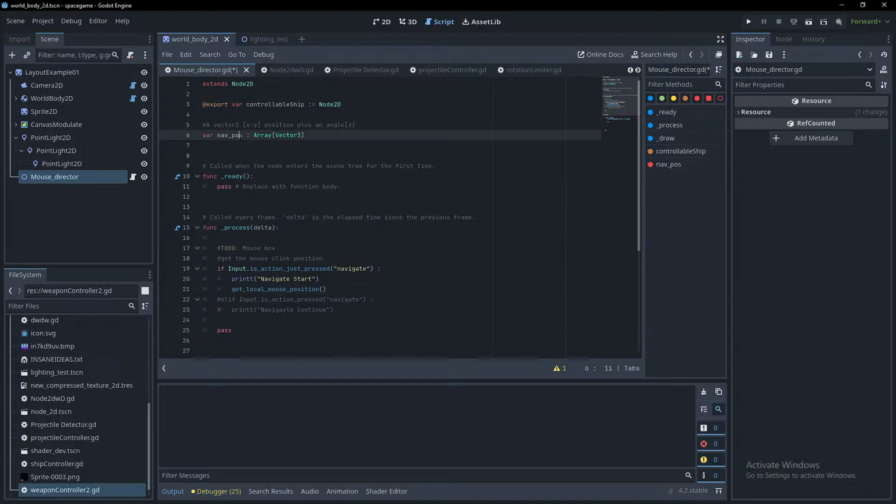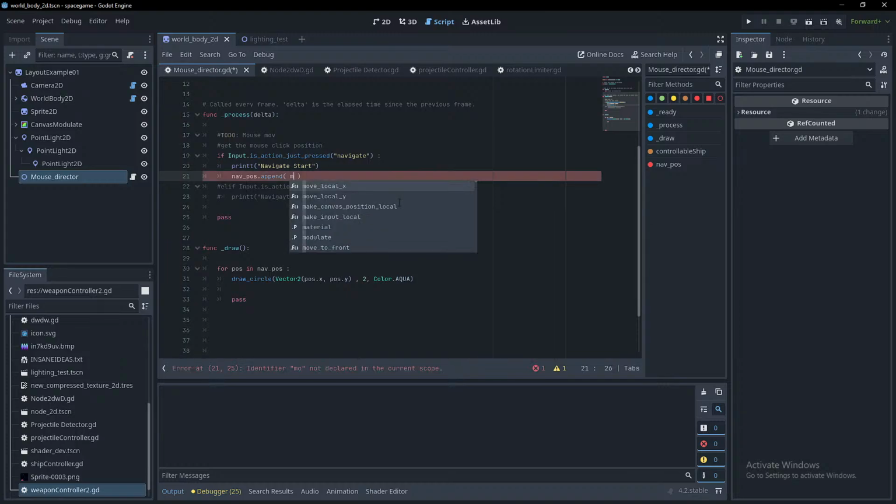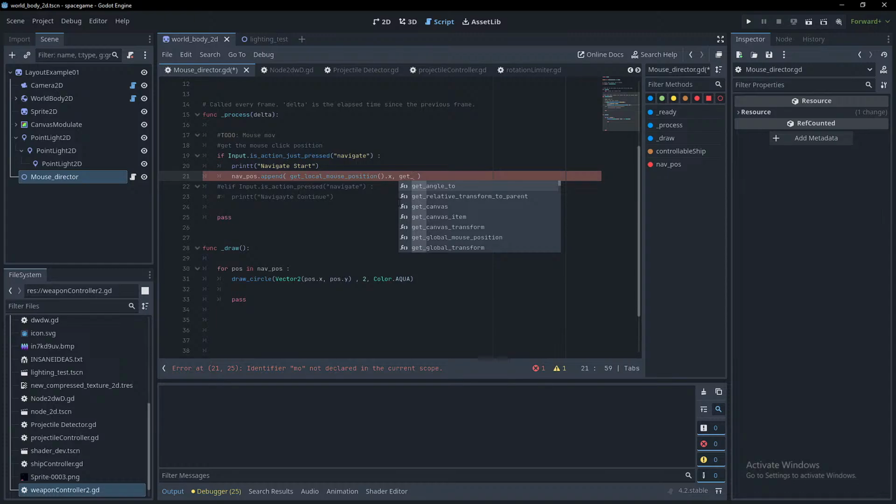So we're going to navpos dot append, and then we do local mouse position dot x get, local mouse position dot y.